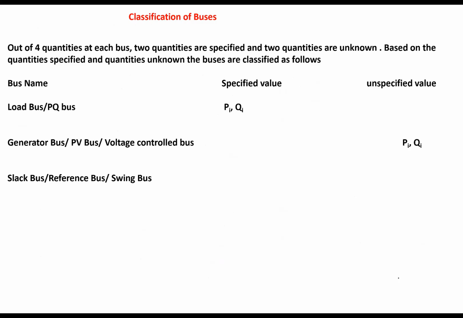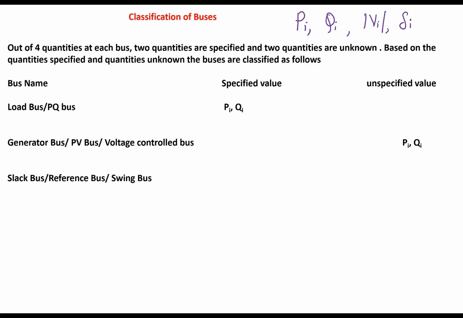Next, classification of buses. We know that at each and every bus there are 4 quantities. What are those? Real power injected at the ith bus, reactive power injected at the ith bus, voltage magnitude, and voltage angle.